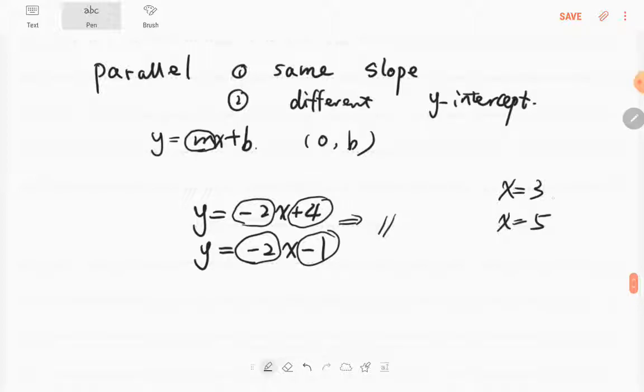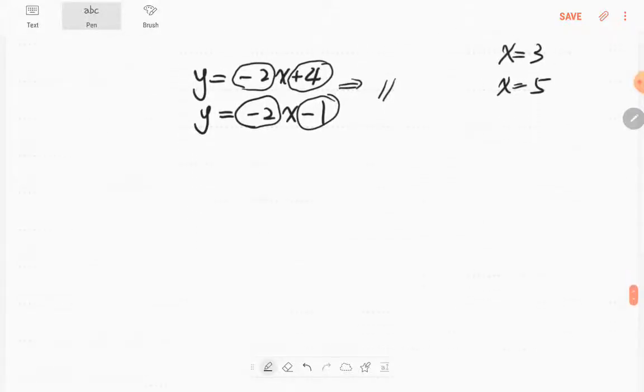These two vertical lines are of course parallel to each other, but they do not have slopes. They both do not have slopes. Vertical line, vertical line. Okay?